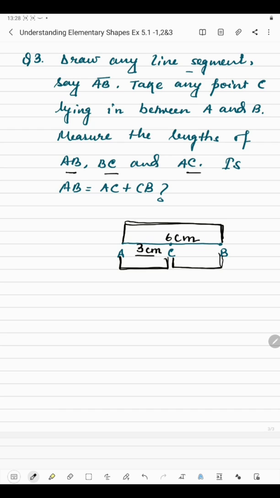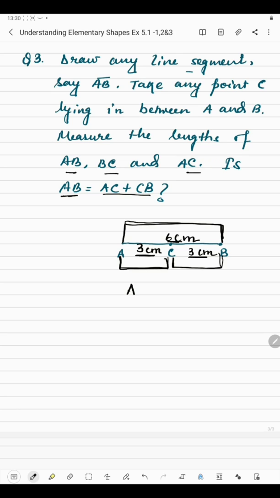If the length of AC is 3 centimeter and the total length is 6 centimeter, so the length of BC will be 3 centimeter, because 3 centimeter and 3 centimeter make 6 centimeter, which is the length of AB. Now here it is asked whether the length of AB is equal to the sum of AC and BC.